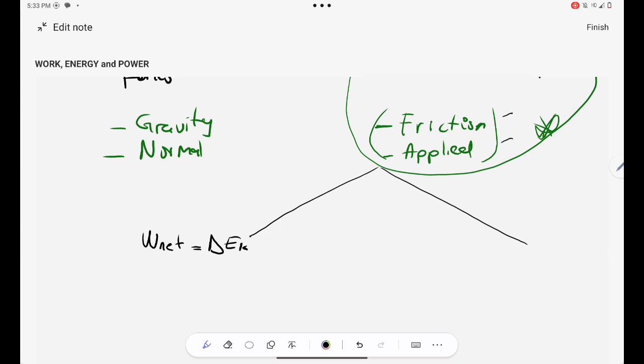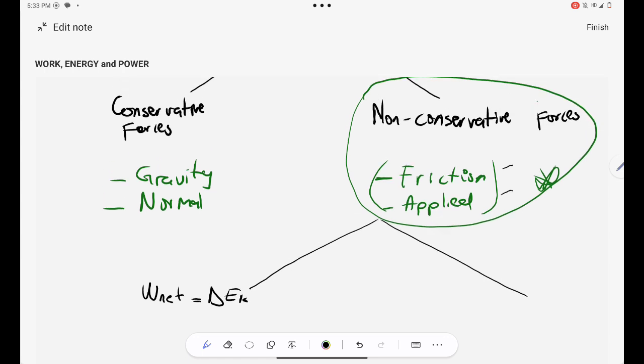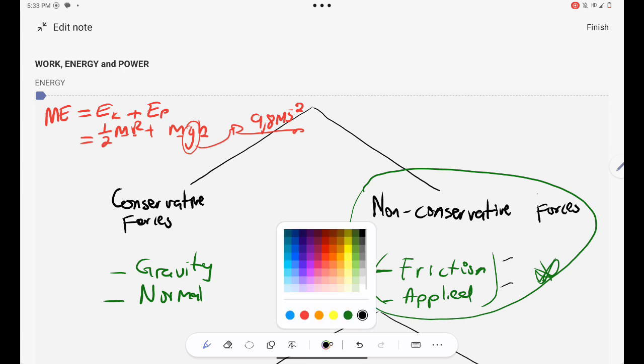Whenever they ask you to state the work energy principle in words, you simply say the net work done on an object is equal to the object's change in kinetic energy.